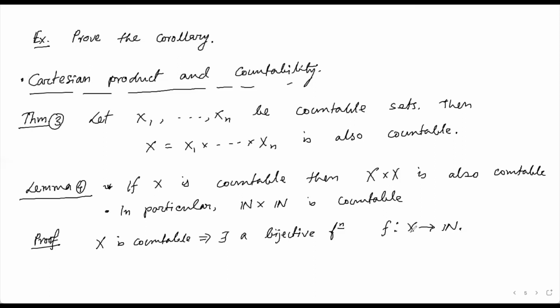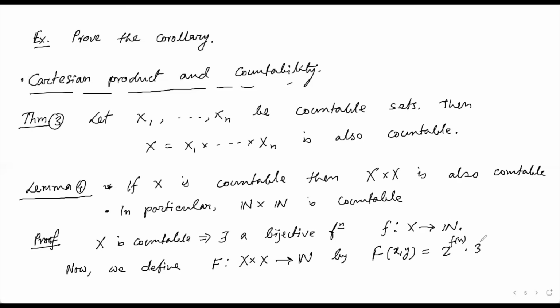Now we define capital F from X cross X to the set of all naturals by F of (x, y) equal to 2 power f(x) times 3 power f(y), for all (x, y) in X cross X.